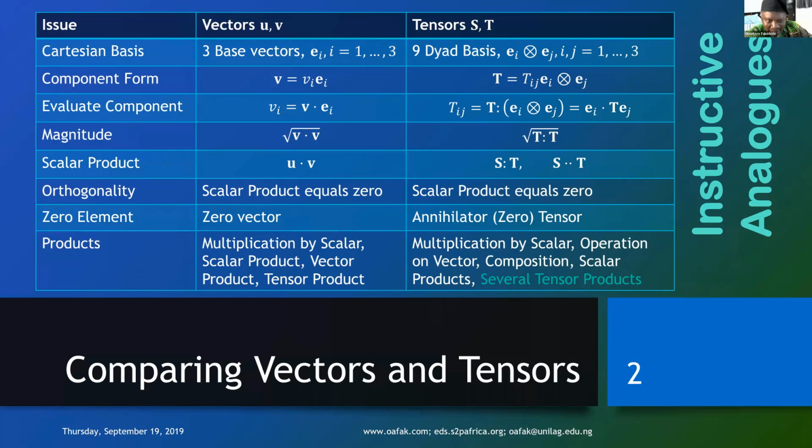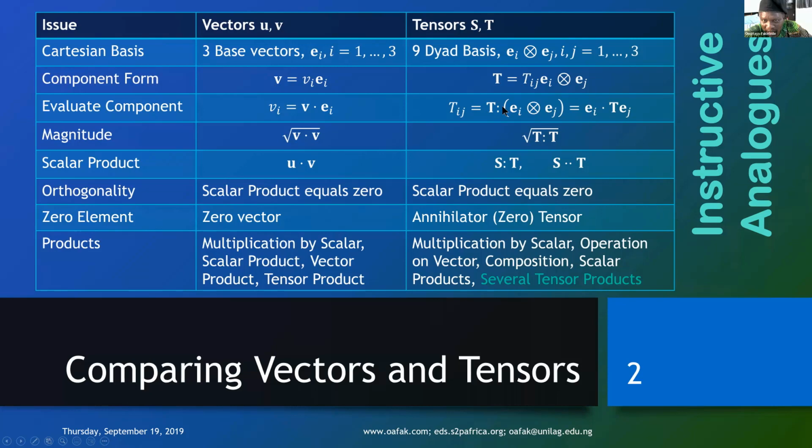One thing this does for you is that anytime you're having a problem with tensors, just remember that for anything that happens to a tensor, there is a vector equivalent. The only thing that differs is that when you are talking of bases, vectors have 3, tensors have 9. When you are talking of component form, it's like this. When you are evaluating a component, you take a scalar product, and here too, you take a scalar product.